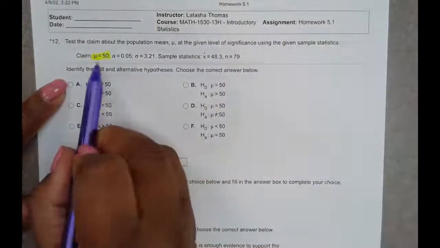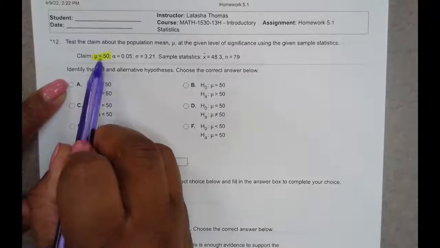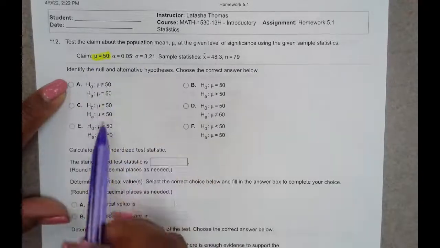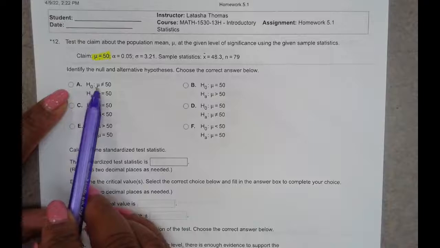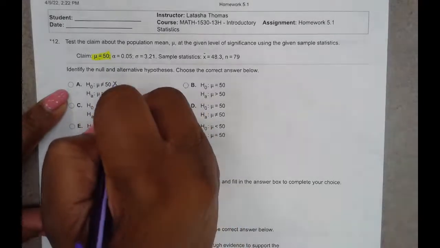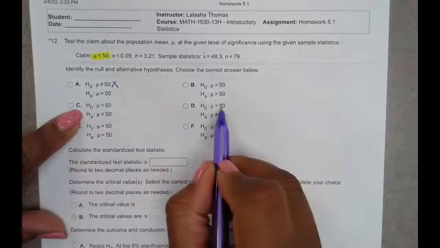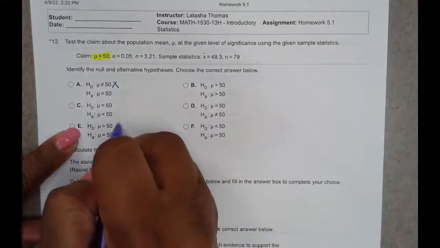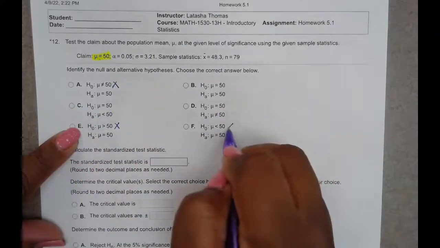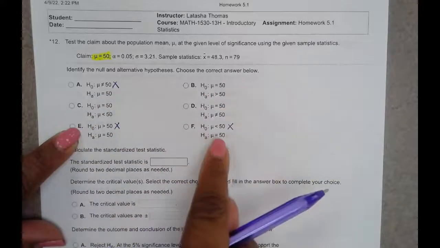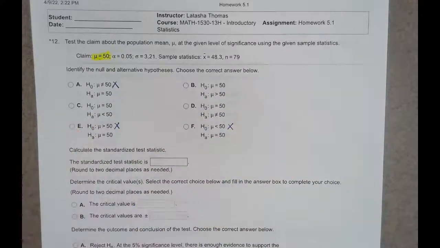So I'm going to scan through. I know this is not my answer. This is possible, possible, possible. I know this is definitely not it. These are certainly out because they do not involve equality in the null. Remember, the equality lives in the null. Okay?